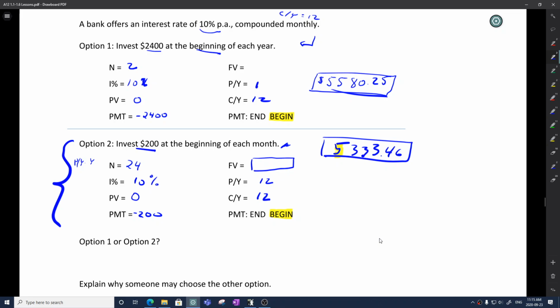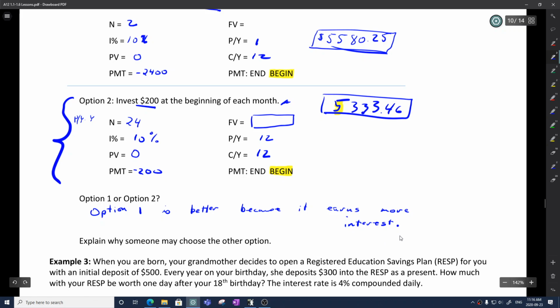So I am going to say option 1 is better because it earns more interest. Now, if you want, you can calculate that out with your calculator, as I've shown you in the previous example. I did not input a number there.